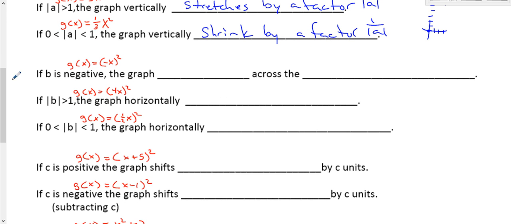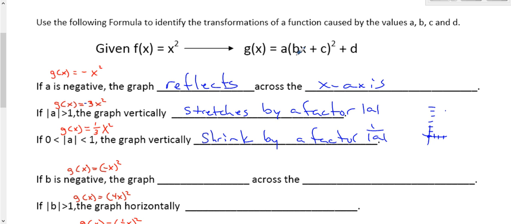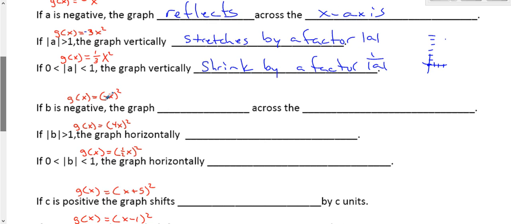If b is negative, so b is inside of the function, that would look like a negative inside parentheses with the exponent of 2 on the outside, or let's say inside absolute value, the negative would be inside the absolute value. So if b is inside the function and is negative, the graph reflects across the y-axis.